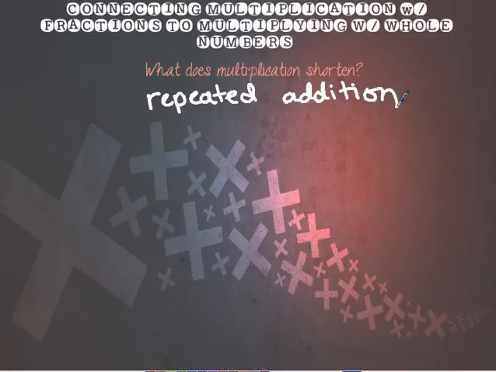So let's think of what this looks like. Let's say you have 3 times 4. What this means is that I have 3 groups of 4.